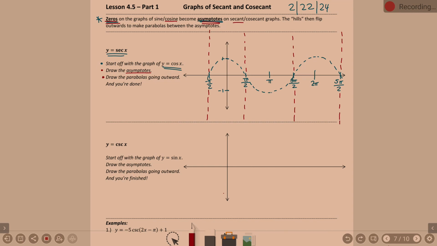And they are between the asymptotes. So right here at this peak at 0, 1, I'm going to have a parabola that opens up. So basically, the bottom of your parabola meets up with the top of the cosine curve. Okay? And then we're going to keep doing the same thing.